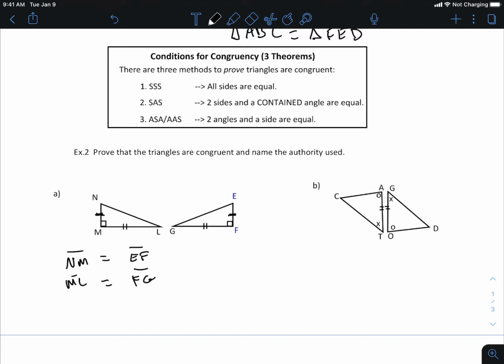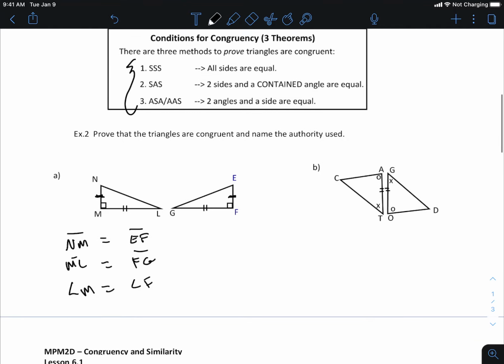What's the other thing that we see in that triangle? The right angle. The right angle exists in both of them, so I know angle M has to equal angle F. Okay, so then if I look back at my 3 conditions of congruency here, are they on one page for you?